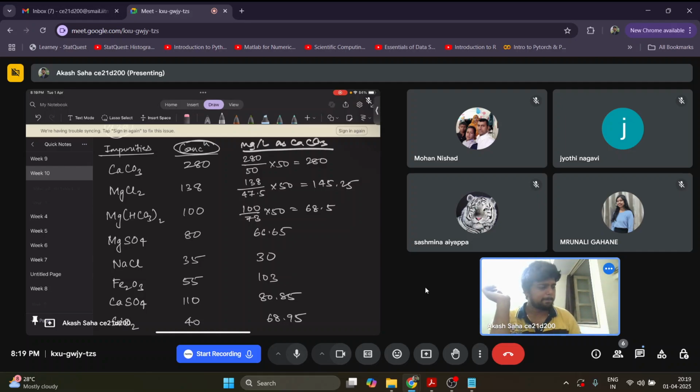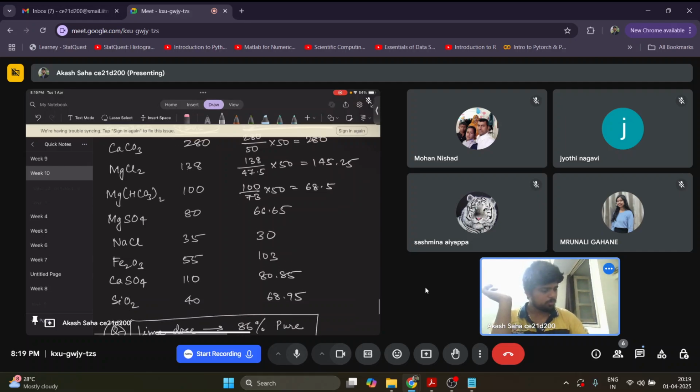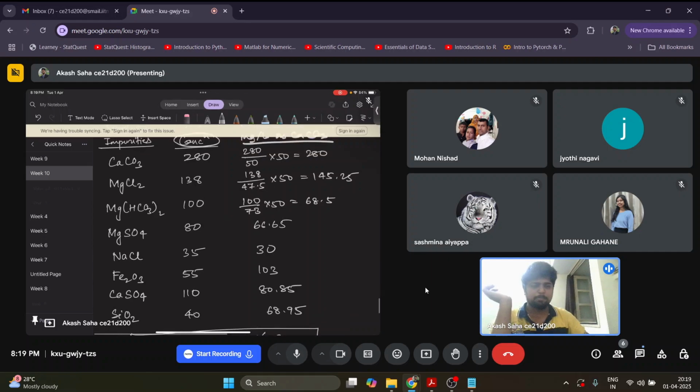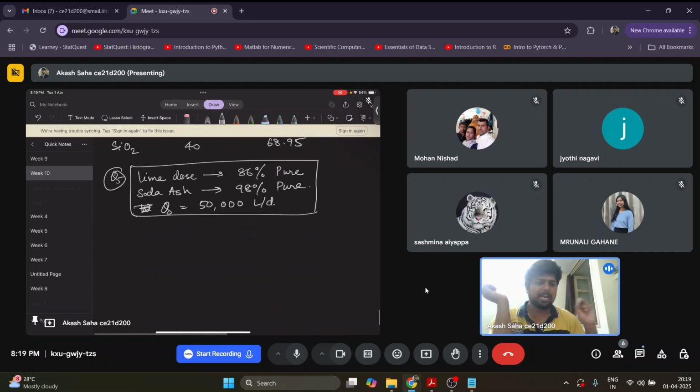Now, out of these impurities, we need to calculate the lime dose and soda ash dose, right? For lime and soda ash dose, we need to know the calcium carbonate hardness, the magnesium carbonate hardness, the magnesium non-carbonate hardness, and the calcium non-carbonate hardness.